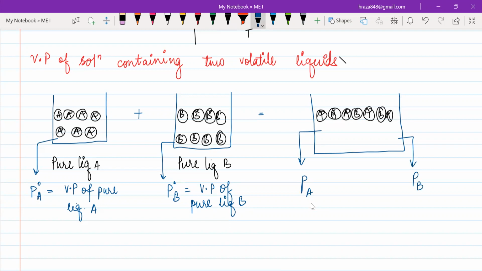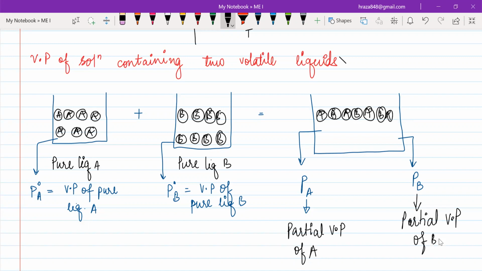Basically, when more than one substance is present, we say partial vapor pressure or partial pressure. PA is the partial vapor pressure of A, and PB is the partial vapor pressure of B. Please do write it.